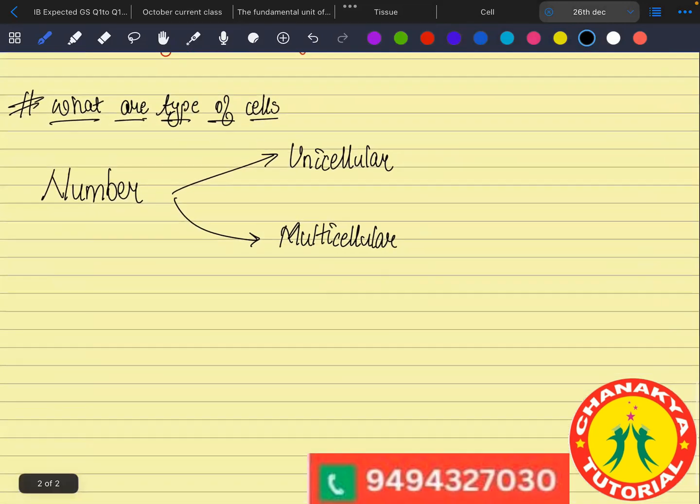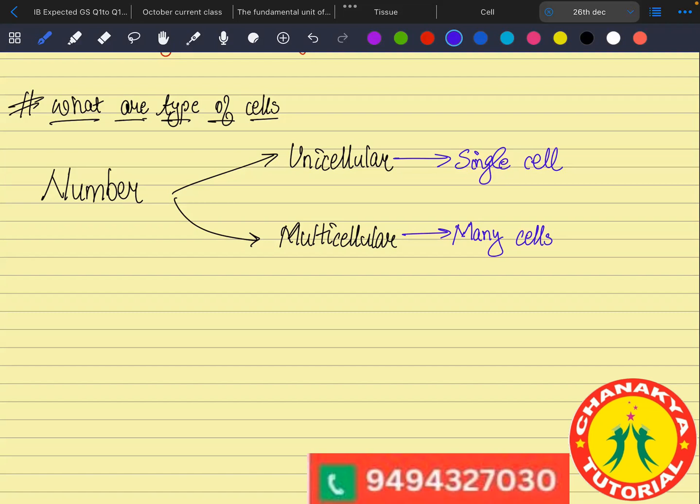As the name depicts, unicellular means that it is made up of a single cell, whereas multicellular means that it is made up of many cells. Unicellular means a single cell. Multicellular means multiple cells.